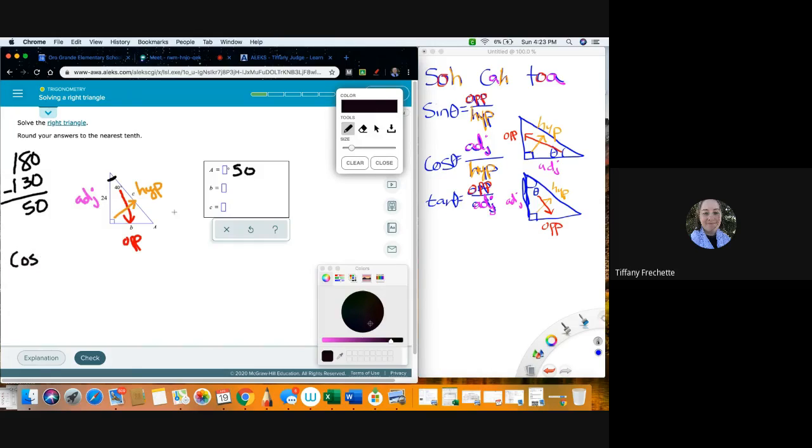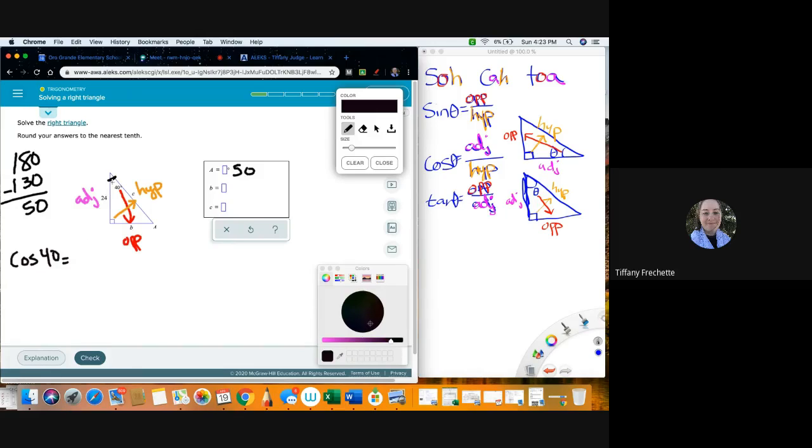So cosine of angle 40, and I don't know if I explained this when this one started, but this is just, I'm hoping I'm not saying this wrong, theta, angle theta. So it's just an angle mark. So if you don't know your angle, that's kind of what they fill it in with. But if we know our angle, we put the 40 in there.